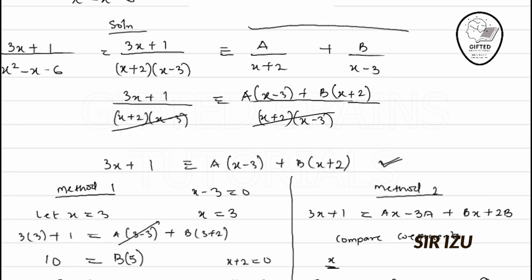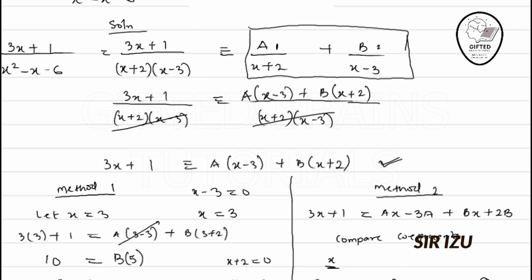Actually, that's the reason why I wanted to get our a. This is what we have for this part, a over x plus 2. So I'm going to take back this partial fraction and just put the value of a into them and the value of b into them. You know, my a is 1, so it's like putting 1 over x plus 2 and then putting 2 over x minus 3.